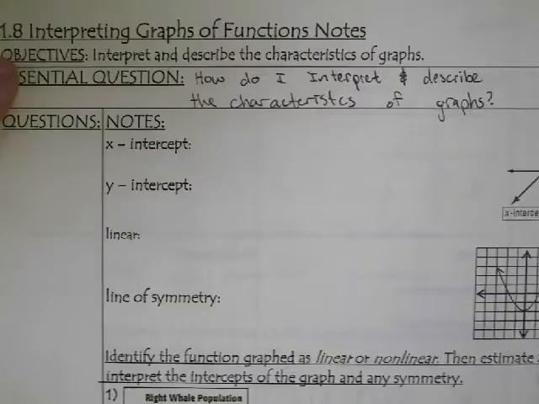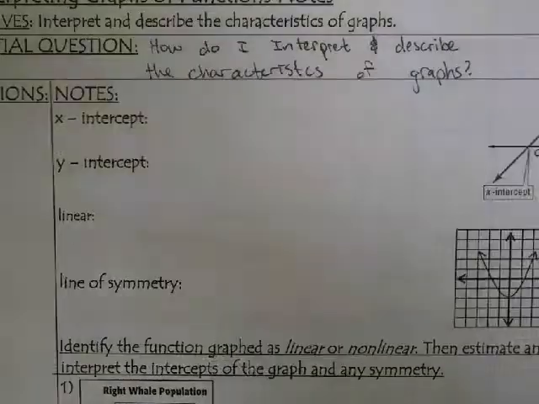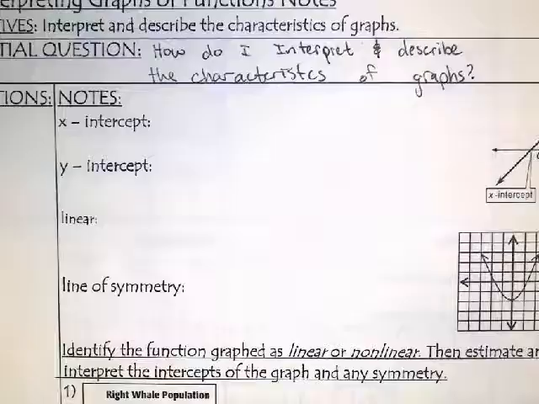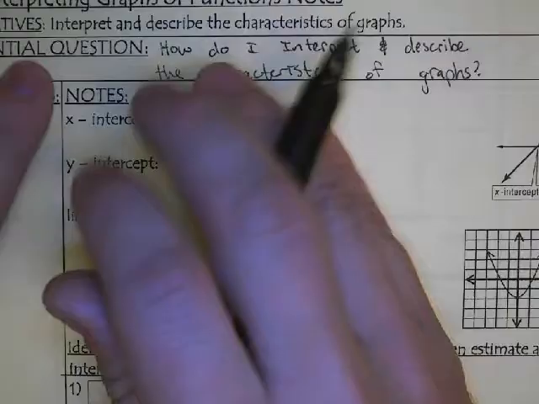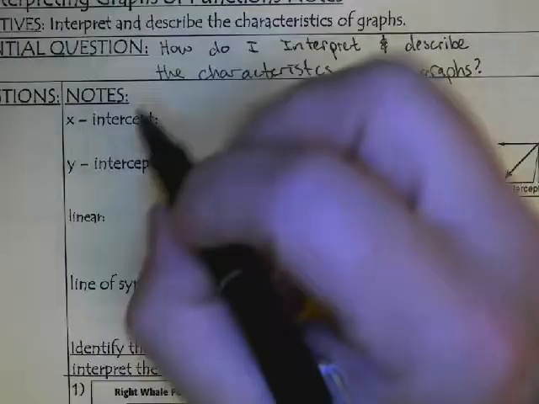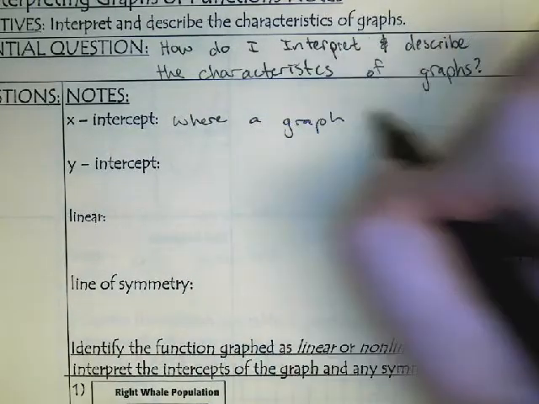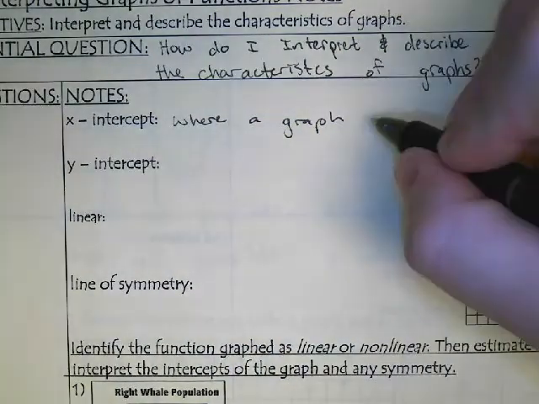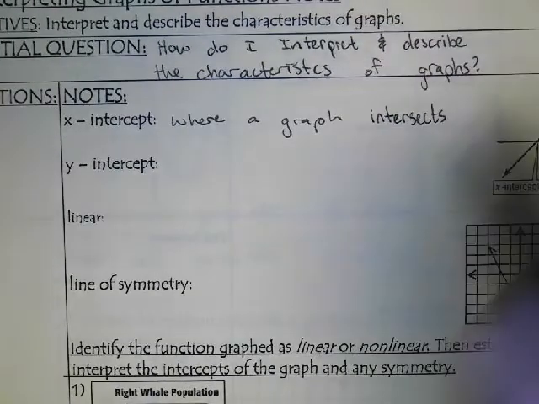So first we'll begin by looking at some definitions. We'll want to talk about what an x-intercept is again. This should be review. That is where a graph intersects the x-axis.